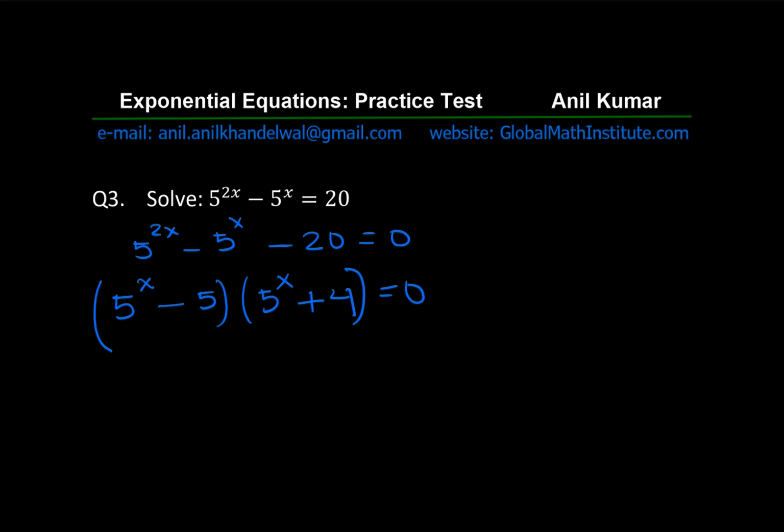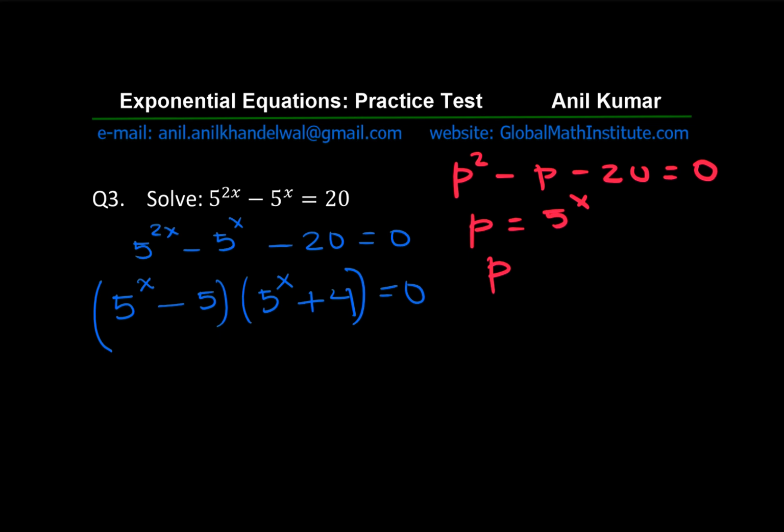Let me just do some steps here. It's kind of a product and sum. You could write the equation as p squared minus p minus 20 equals 0, where p is equal to 5 to the power of x, correct? So if you do that substitution, you get this quadratic equation, and it could be simplified.